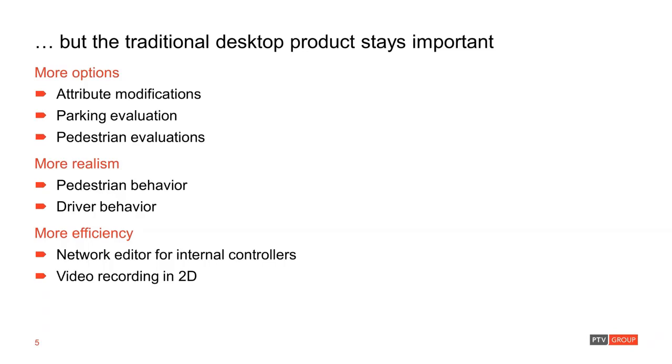For example, the attribute modifications. We have finally added a whole set of evaluations for parking and more evaluations for pedestrian simulation. Then there are new ways to control the behavior of pedestrians and of vehicles by new options in the behavior settings.